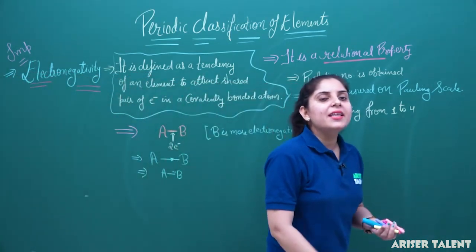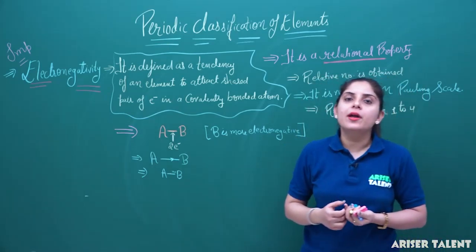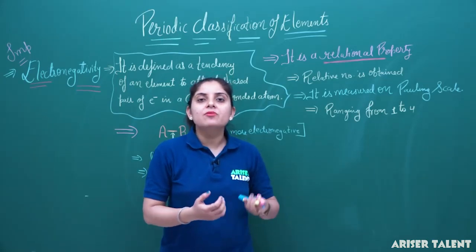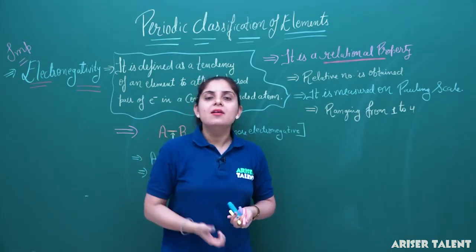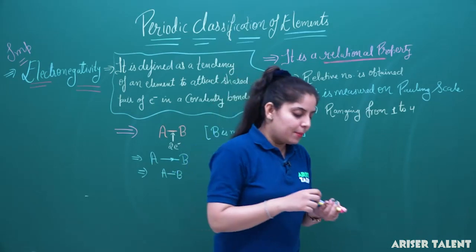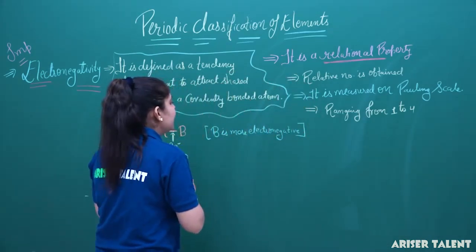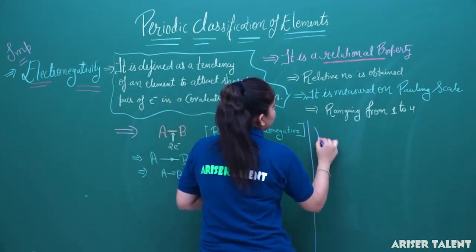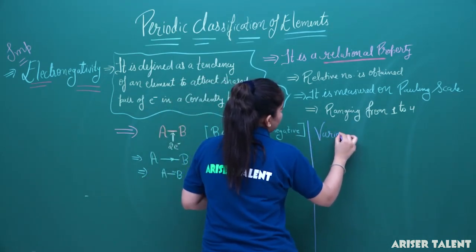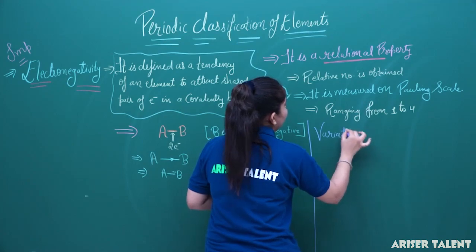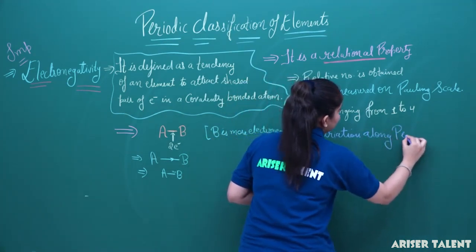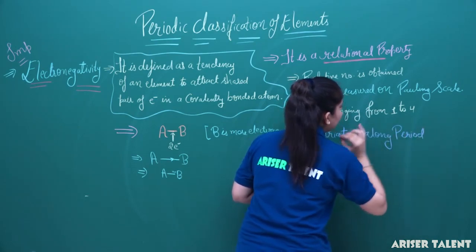Now we will see how the variation of electronegativity occurs along a period or along a group. It means we are going to identify the trends in electronegativity in the periodic table. So let us consider variation along a period.